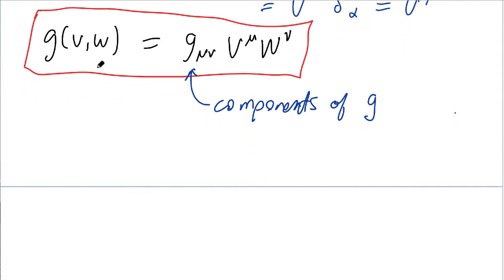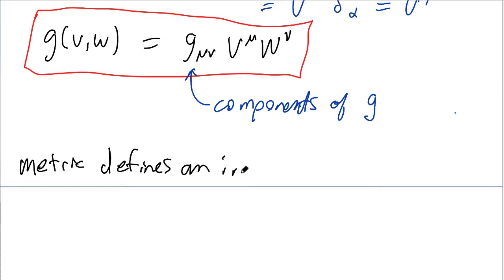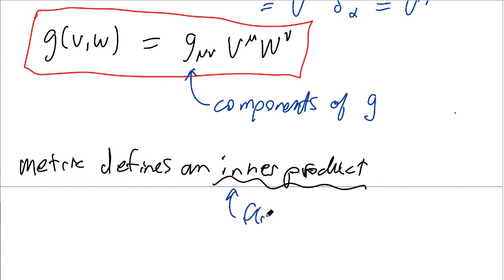Now observe that g, the metric, maps two vectors to a number, so it defines an inner product between vectors. So in the case of flat Euclidean space, it's just the dot product.